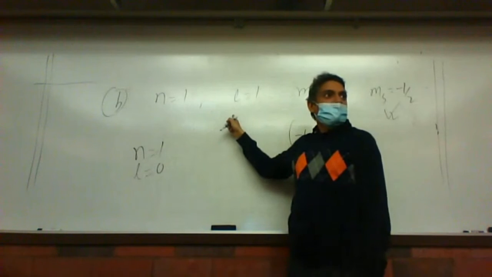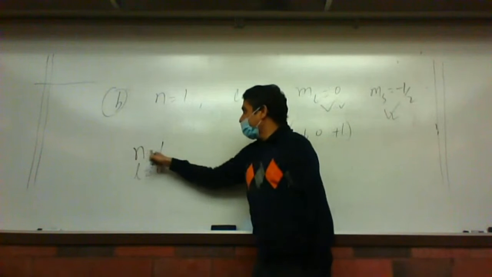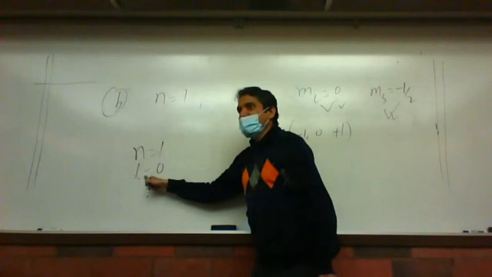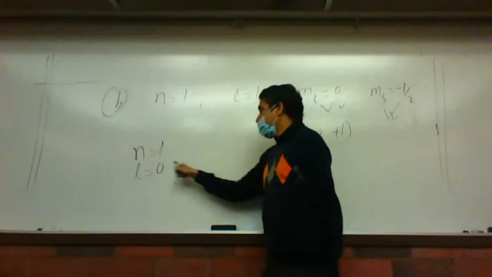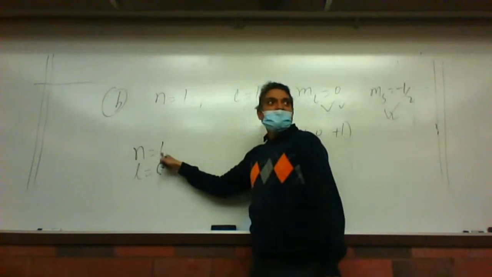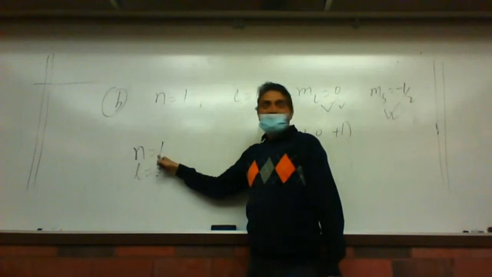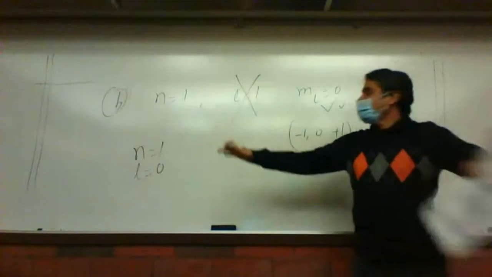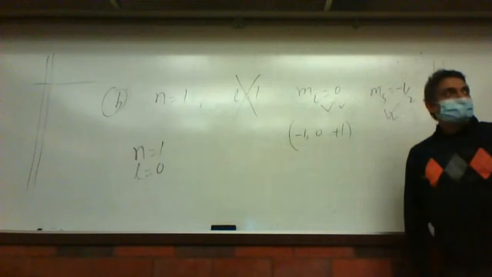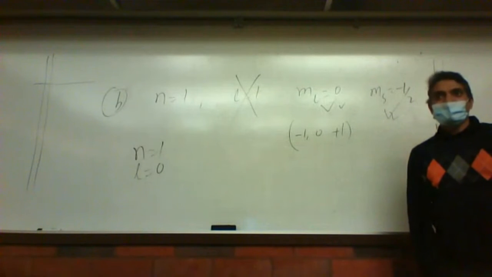L can only go up to 0. You see that? If N equals to 1, you start writing the azimuthal quantum number 0, 1, 2, 3, 4, but this number cannot go up to the N equals this value, right? So it is wrong. Clearly wrong. So if one thing is wrong, all things are wrong. So B is wrong. Make sense?